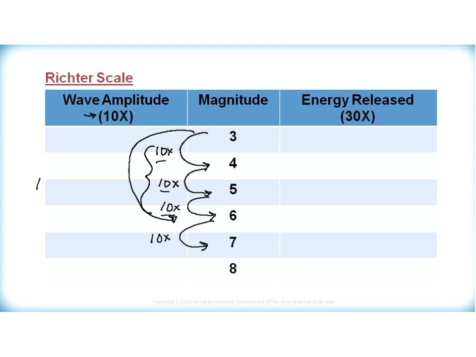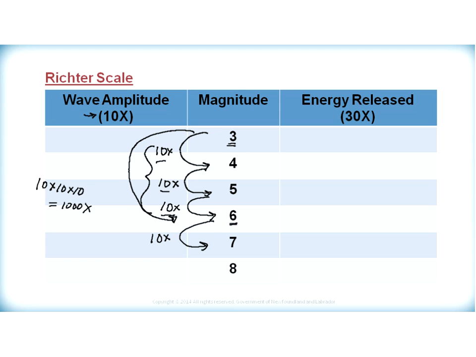So we would see that 10 times 10 times 10 would equal 1,000. So an earthquake measuring 3 compared to one measuring 6 on the Richter scale would be 1,000 times more wave amplitude.